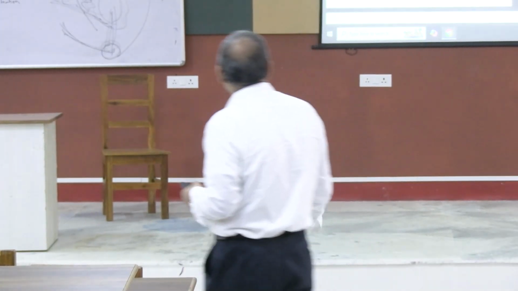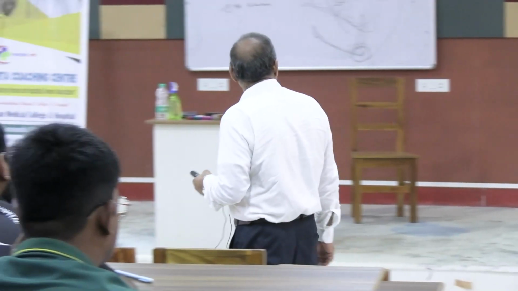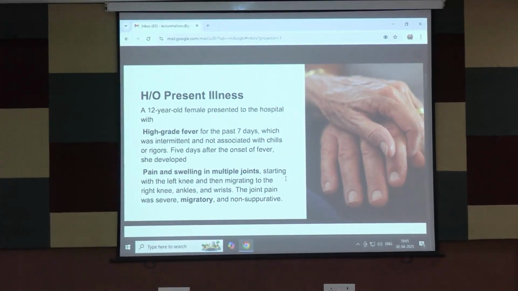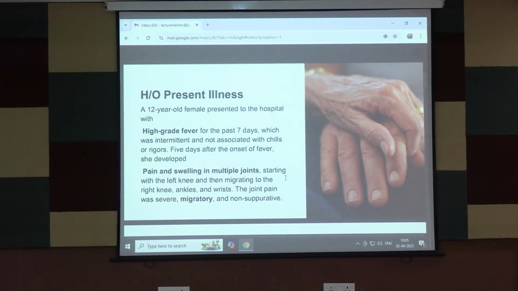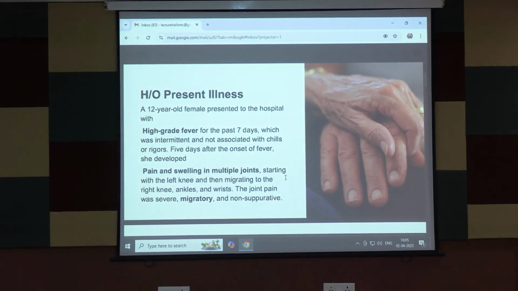So in this case, we are seeing that multiple joints are involved, starting with the left knee and then migrating to the right knee, ankles and wrist. This is a very important character of acute rheumatic fever: the joint pain or arthritis is migrating in nature. That is, it occurs in one elbow joint, then it occurs in the other elbow joint when this elbow joint is normal.